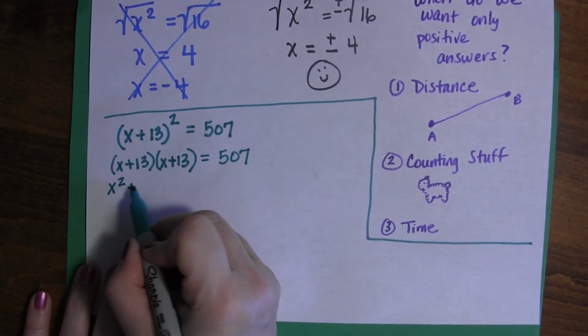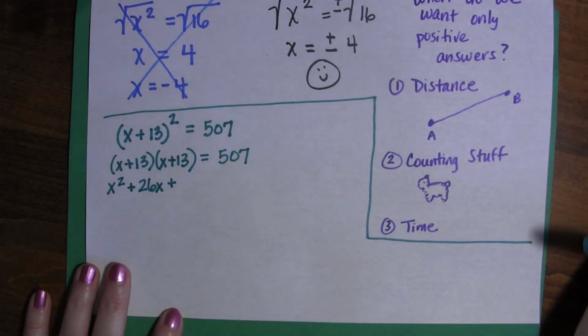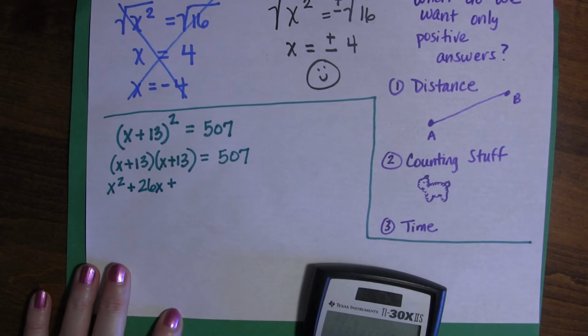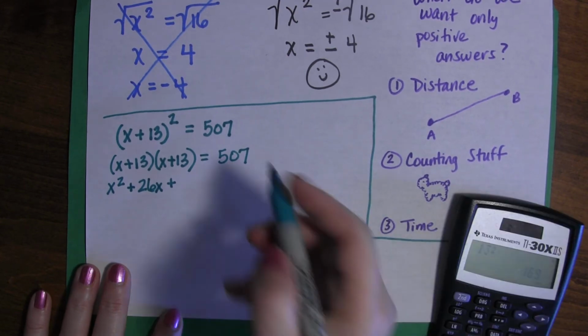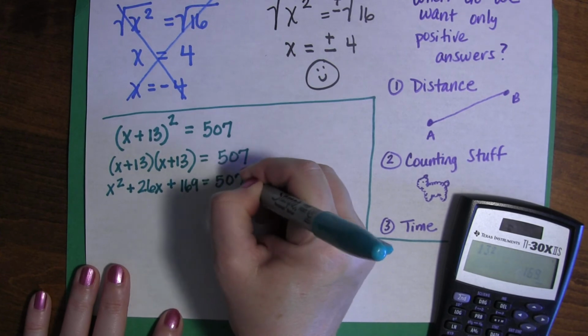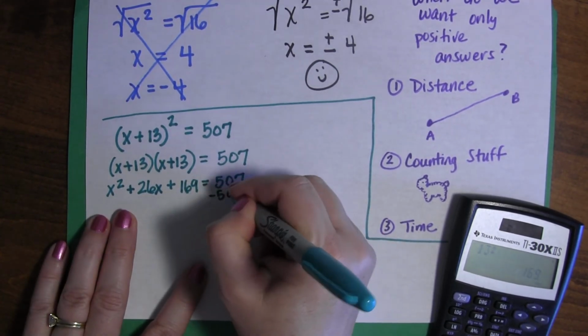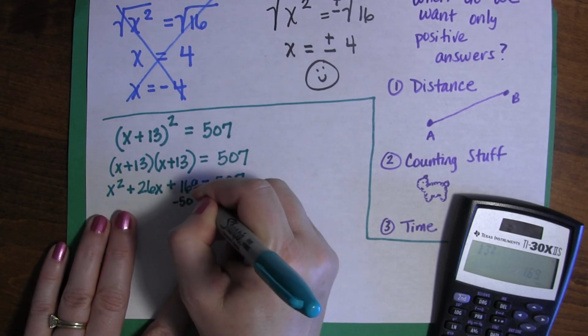So I'm going to get x squared plus 26x plus whatever that is. I think it's 169. Let's just see. 13 squared is, yep, 169, equals 507. And then I say, okay, now I have to subtract 507 from each side.